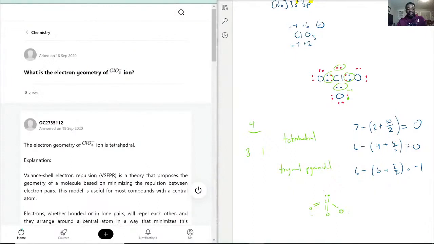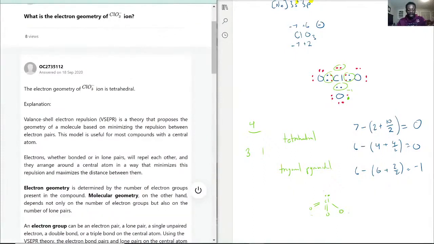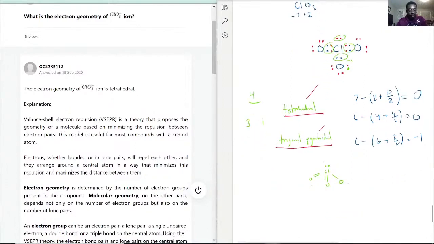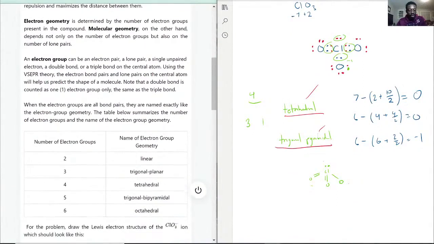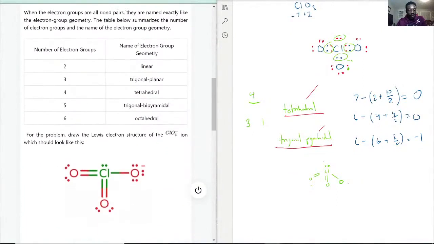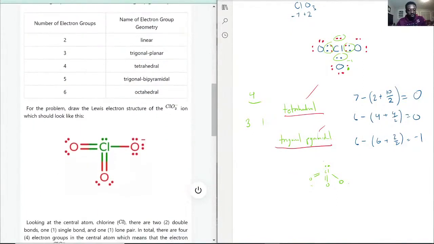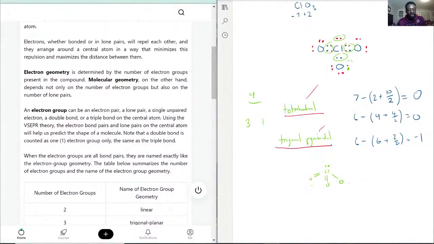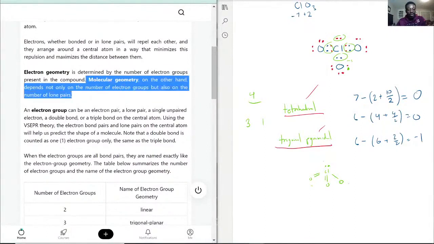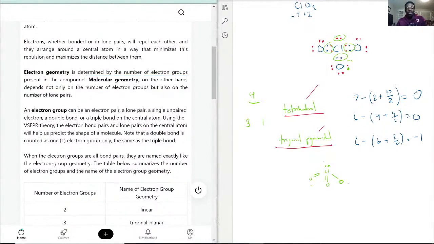So with that being said, the electron geometry is tetrahedral. The molecular geometry, if they ask for it, is going to be trigonal pyramidal. So these are correct. So exactly, they say the electron geometry is going to be tetrahedral, okay? And they don't really go into the molecular geometry, but it depends on not only the number of electron groups, but also the number of lone pairs.